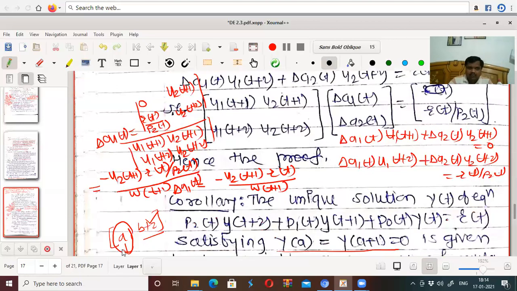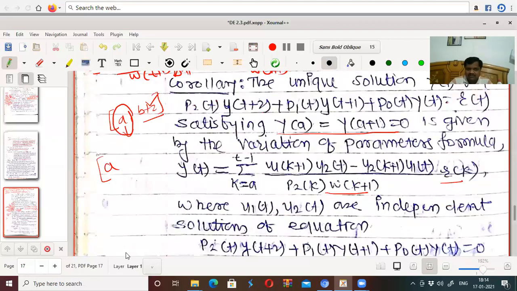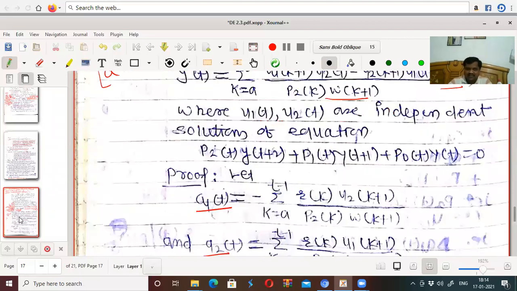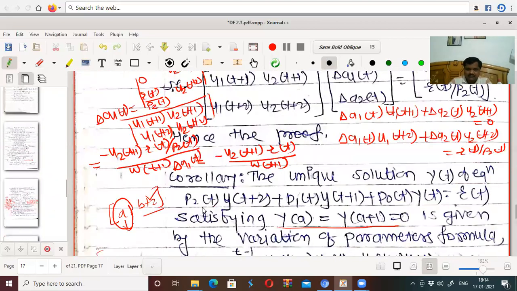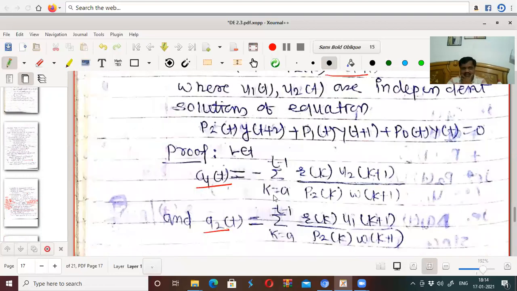What will a1(t) be now? This implies a1(t) is just the summation of this one, and if I write this summation in definite form, it will be k from a to t minus 1 of minus r(k) u2(k plus 1) upon p2(k) w(k plus 1).